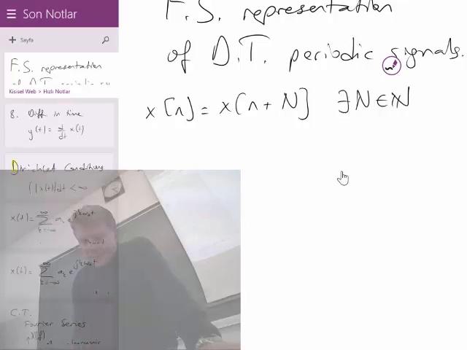From this period, we construct a so-called fundamental frequency. Of course, this capital N can also be considered as the fundamental period. If you combine two discrete time periodic signals, one with a period of 5 and the other with a period of 7, for example, what would be the fundamental period?